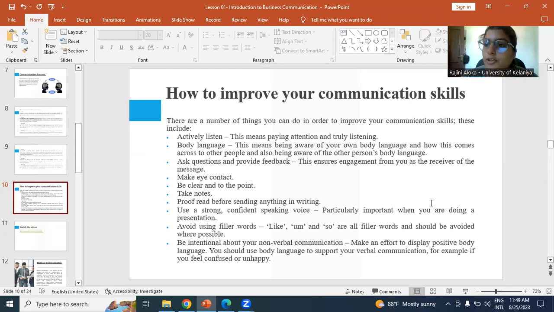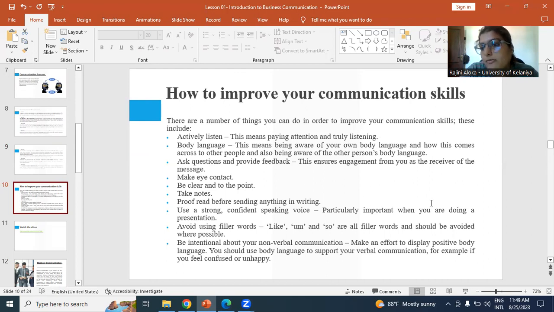This is one of the skills you should improve when it comes to improving your communication skills: body language. This means being aware of your body language and how it comes across to other people, and also being aware of the other person's body language.